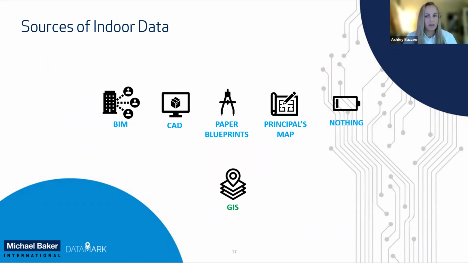So next we're going to talk about paper blueprints. These are sources of indoor data that are paper drawings or plans, and they may exist as your only option, some sort of reference of what that inside space might be.